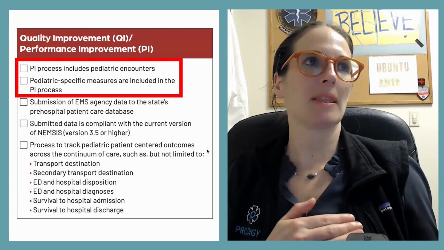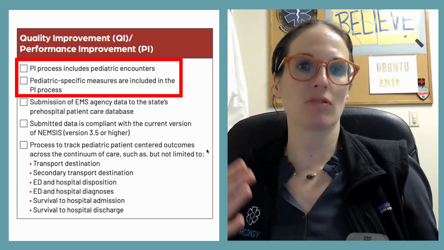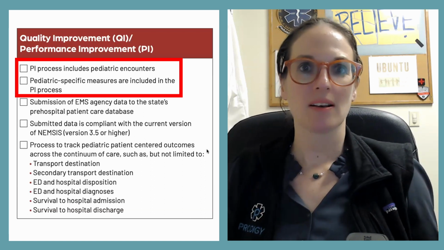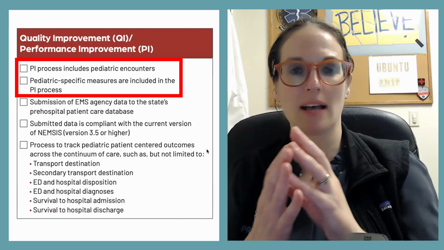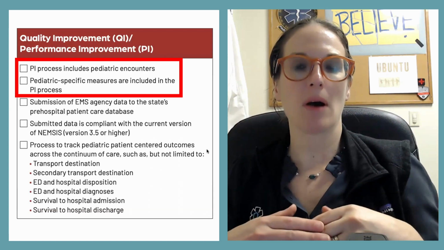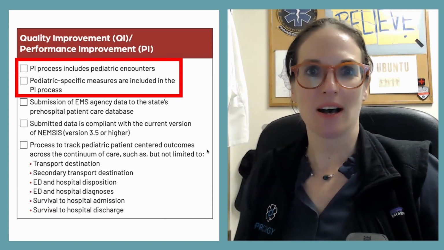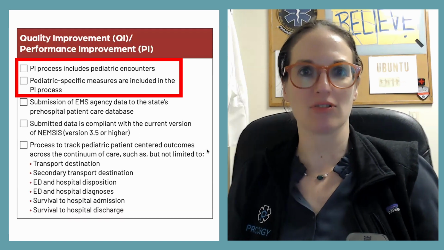An example of pediatric specific metrics: in pediatric respiratory distress, how often is an assessment completed? Because I have to have an assessment to be able to appropriately treat. So that is one of the metrics. Are you recording pediatric weight in kilograms, especially for children that you're administering medications to?